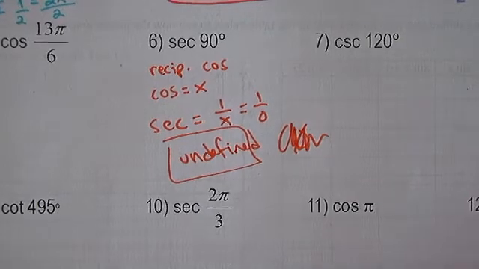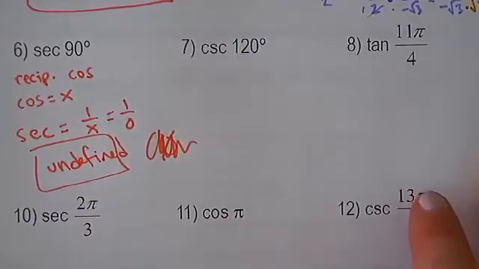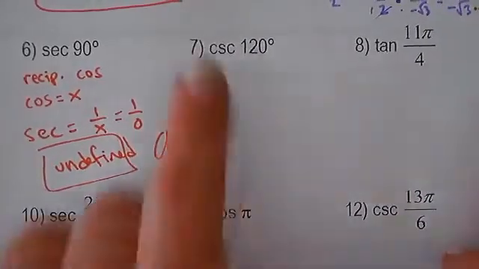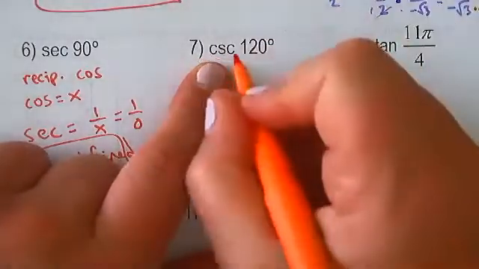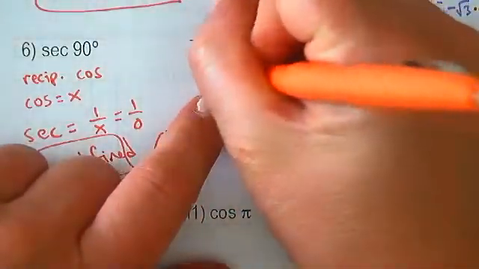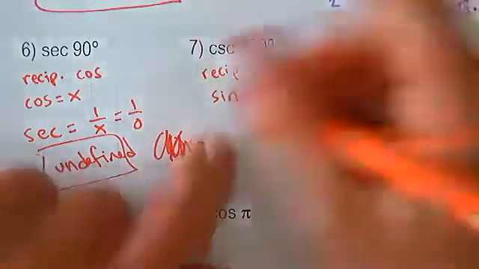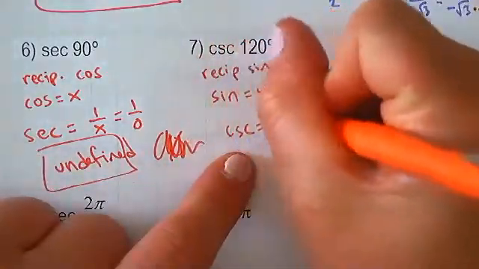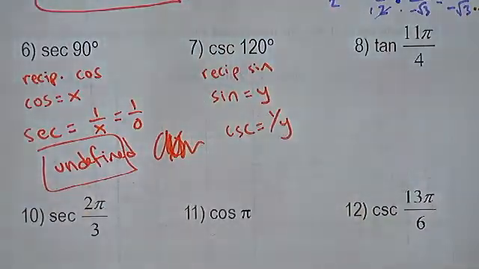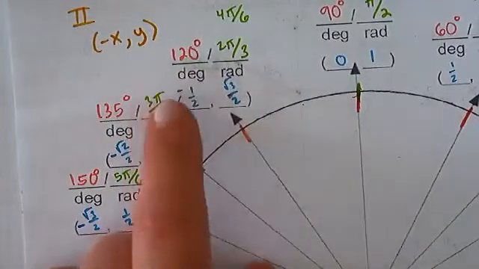All right, let's just try a couple more in degrees and then we'll move on to radians. So now we're going to deal with cosecant. So cosecant is the reciprocal of sine. We know that sine is equal to y. So cosecant is equal to 1 over y. So let's find 120, which is here.